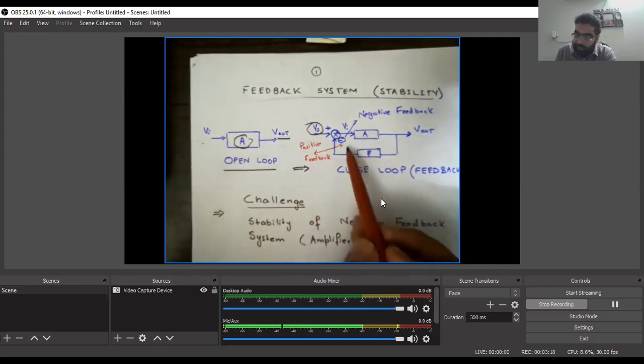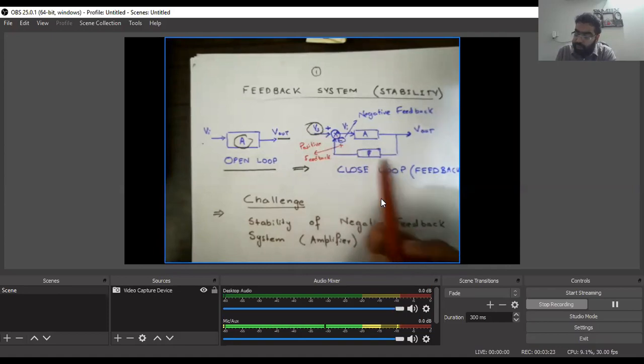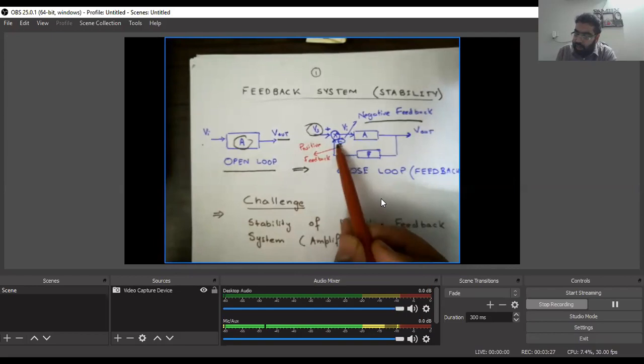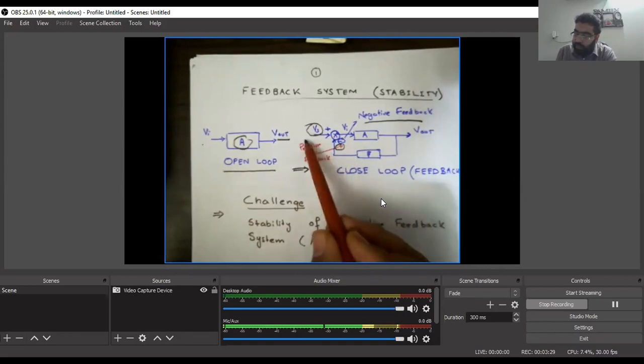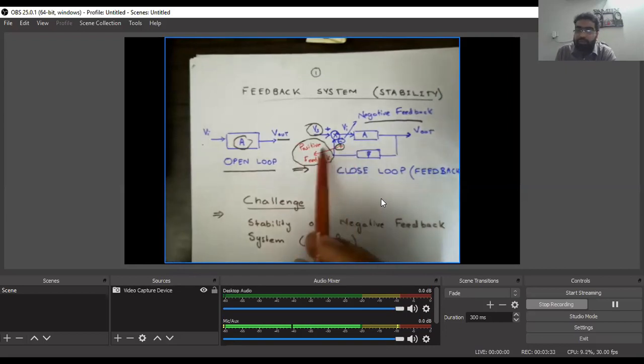If it's subtracting the feedback component, we normally call it a negative feedback. But if it's getting an addition component, we normally call it a positive feedback. So this is the generic definition of a negative or a positive feedback.